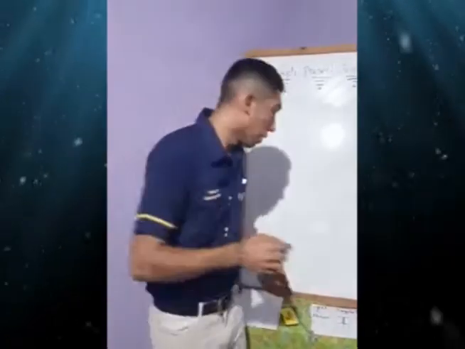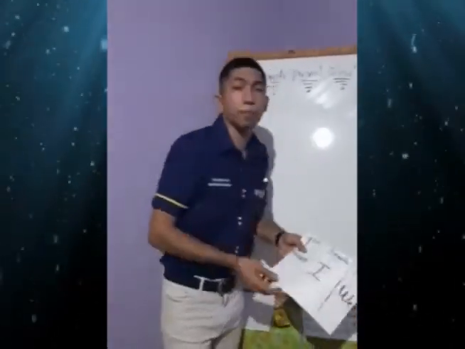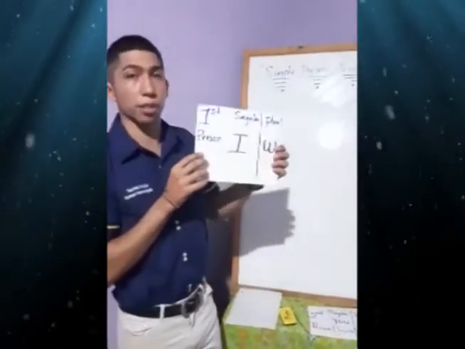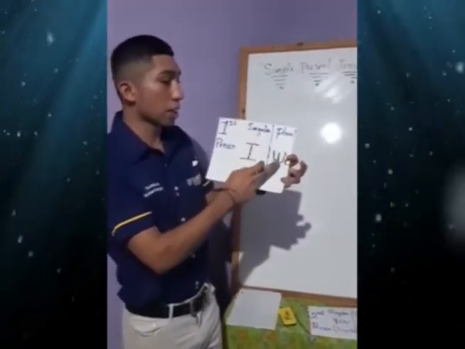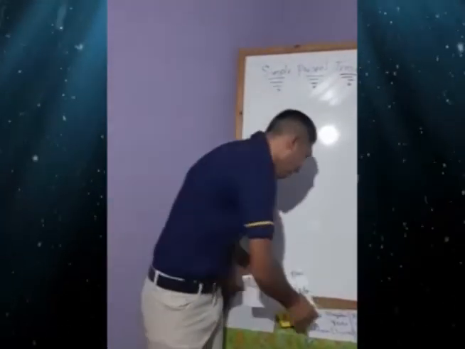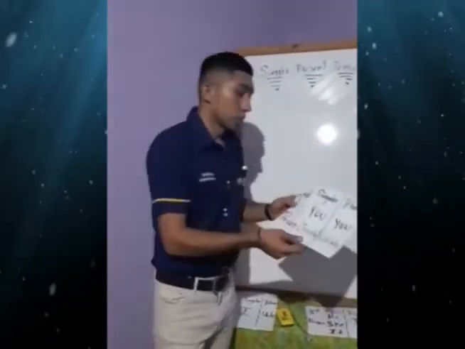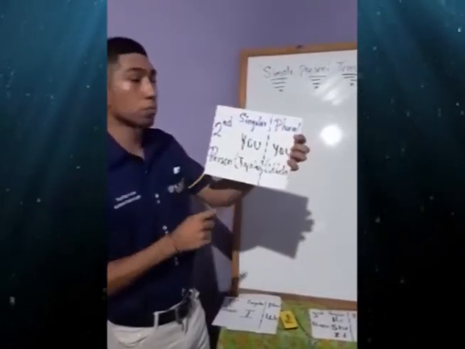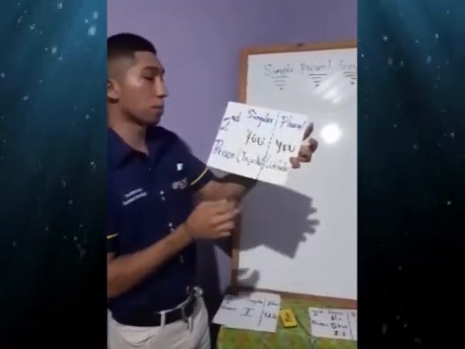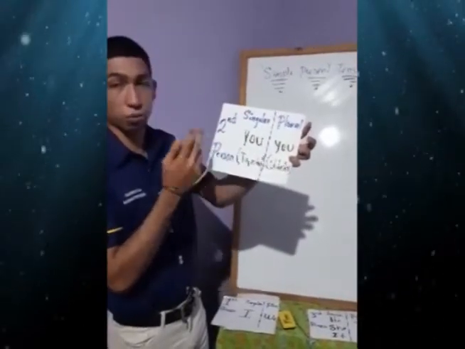What does that mean? Well, we have the first person singular, that is I, and the plural is we.